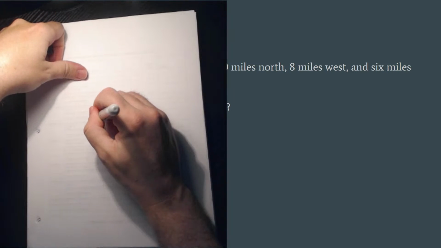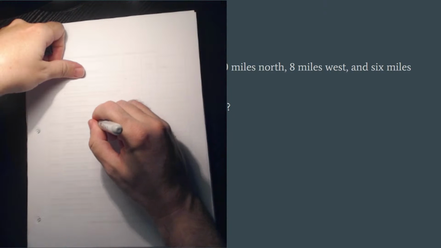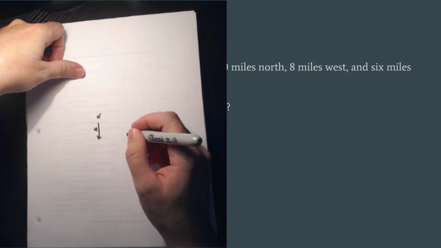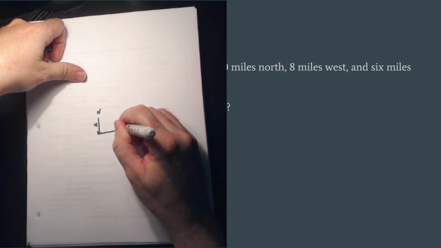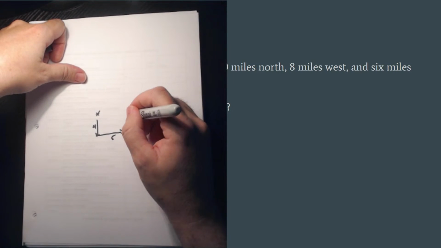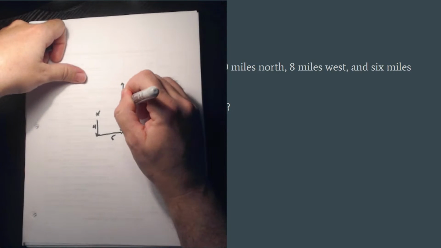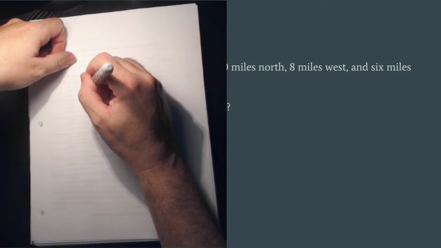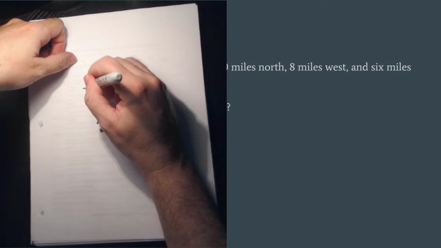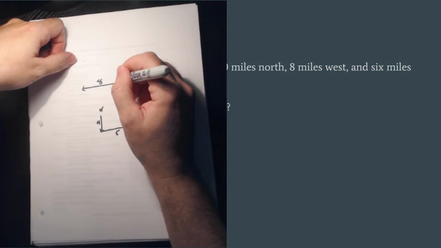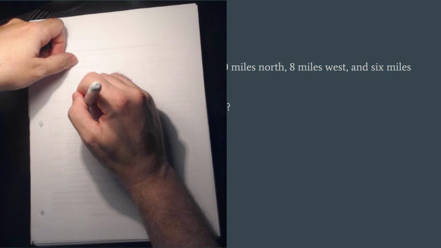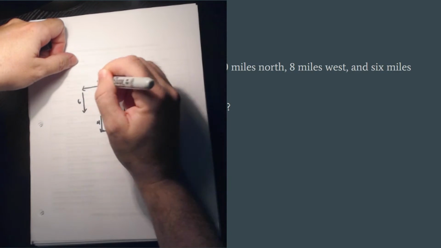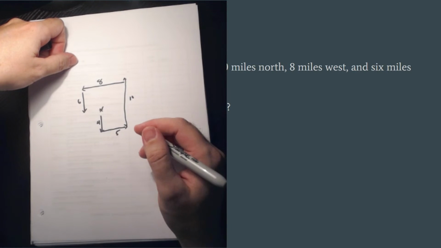So you start here, you go 4 miles south, then you go 5 miles east, then 10 miles north, then 8 miles west, and then 6 miles south. How far are you from where you started?